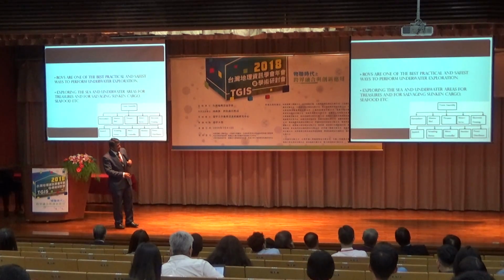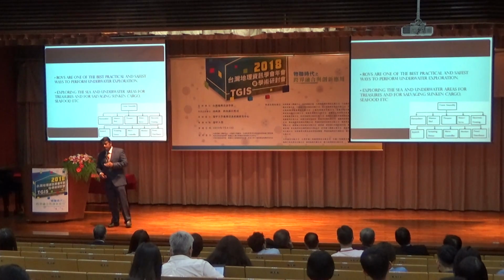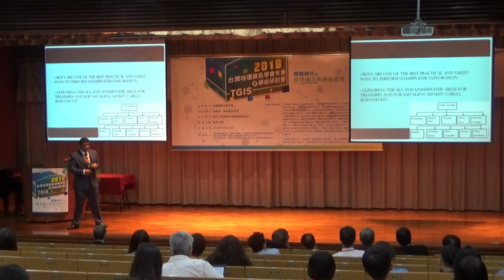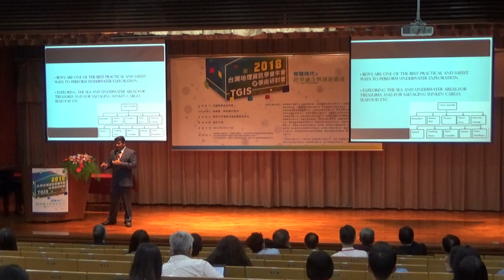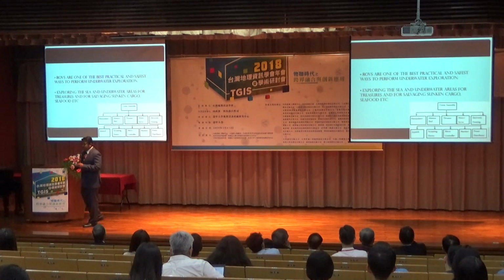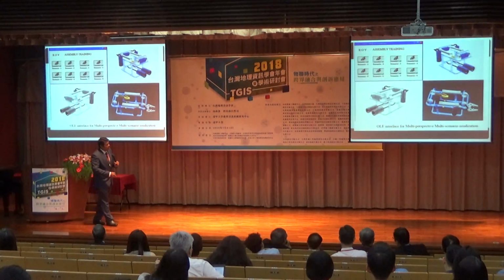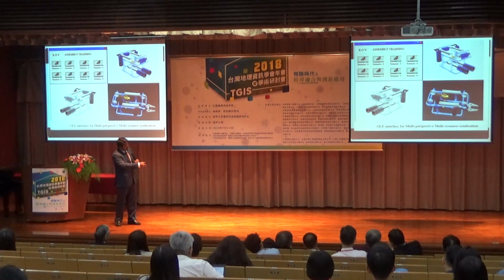So this is another example of a mechanical engineering example, a remotely operated vehicle. The remotely operated vehicle can be used to go below the ocean, the sea, and explore different things like oil exploration, mineral exploration, etc. So this is another example for the assembly of the remotely operated vehicle.